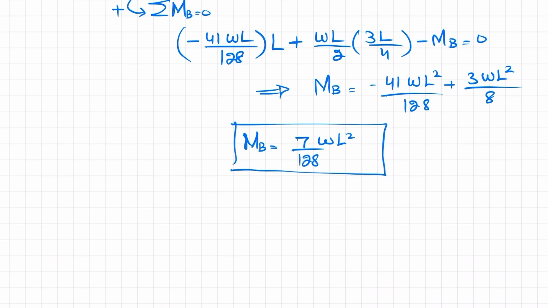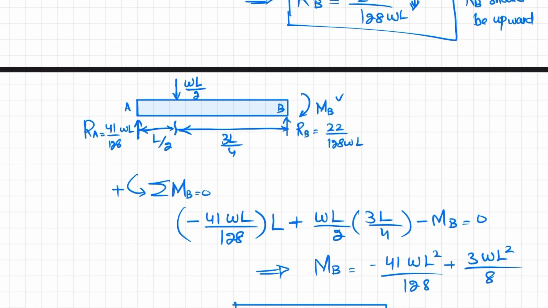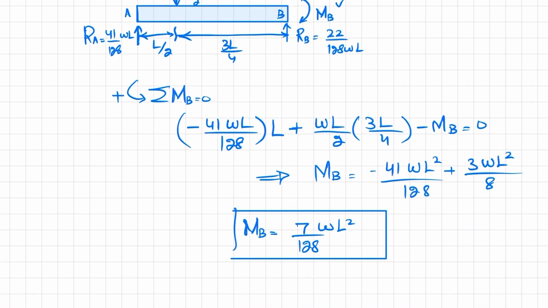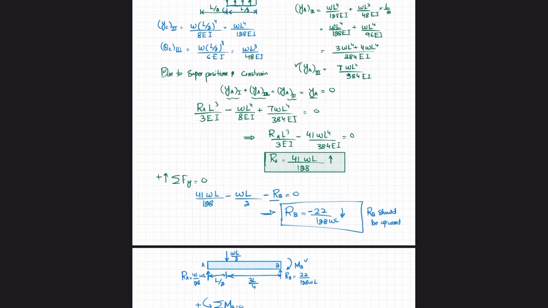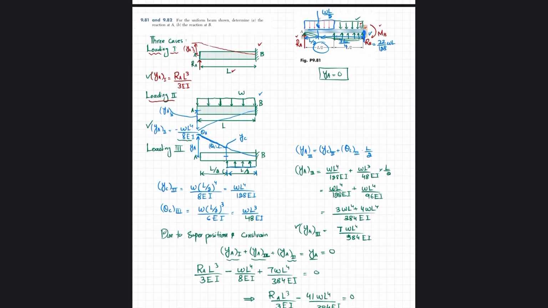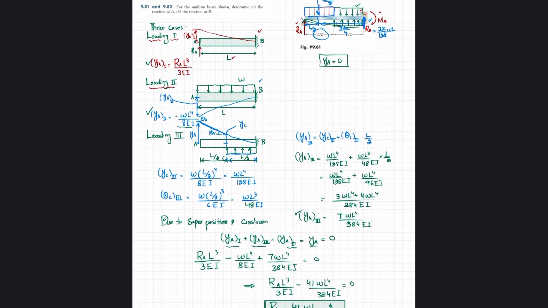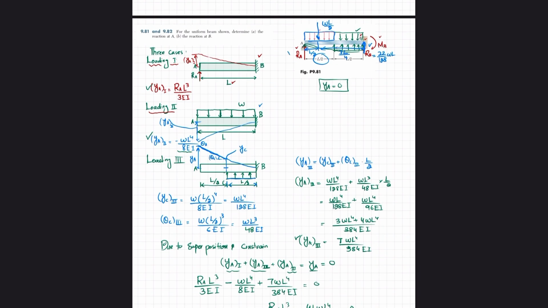So this is the moment about point B. So this was all about problem 9.81, in which we have calculated the reaction force at point A, at point B, and there is a reaction moment at point B.